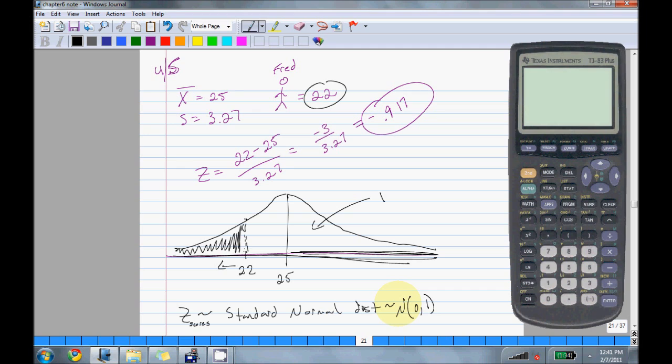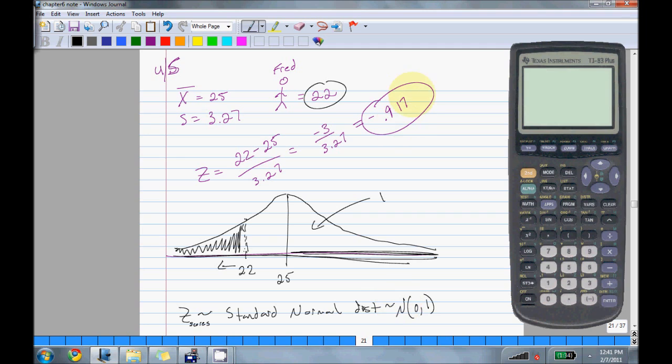Now if you're wondering about the row you're in, the first column is for negative 0.90, then negative 0.91, negative 0.92, and so forth and so on.